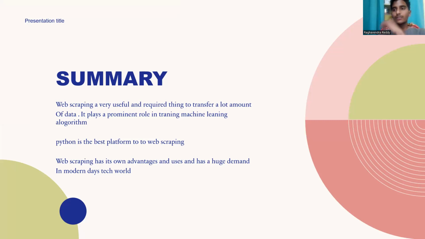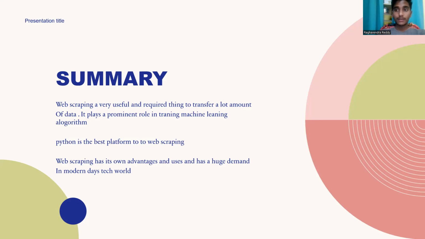Web scraping means copying the whole content along with the code inside it and pasting it somewhere we need. This is very useful for machine learning engineers to train machine learning algorithms and to get access to the information for it.